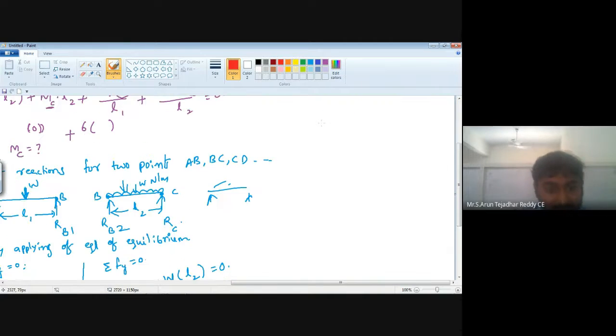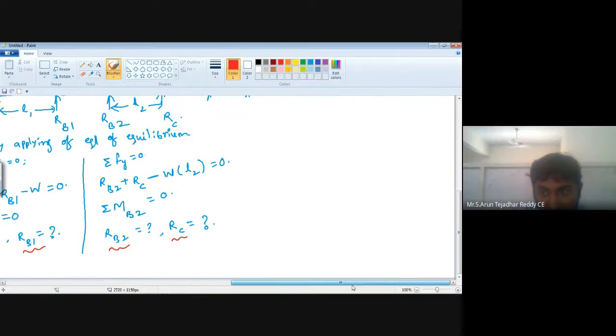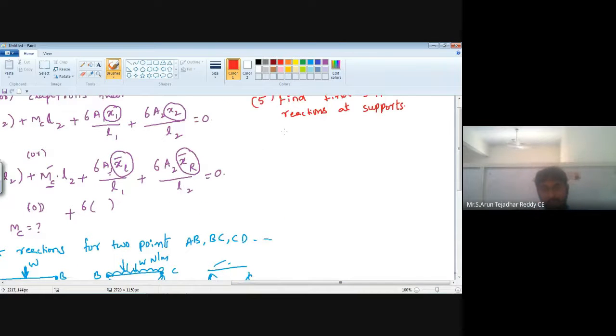It means, see here, just now we calculated RA and RB1, RB2, RC. Here RA and RC are single ones, so directly we can write the RA value and the RC value. But coming to RB, we have two reactions, that is RB1 plus RB2.